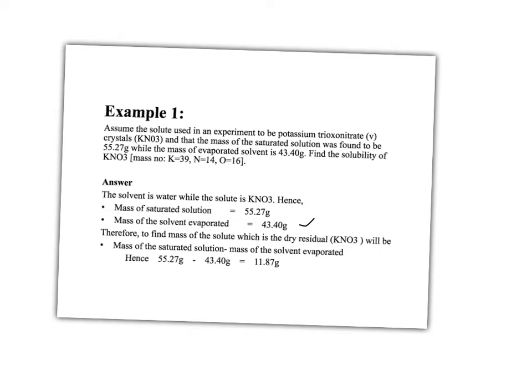To find the mass of the solute, which is the dry residue after the evaporation of the solvent, you just have to subtract the solvent that evaporated from the total amount of the solution, and you get the mass of the solute, which is 11.87 gram.